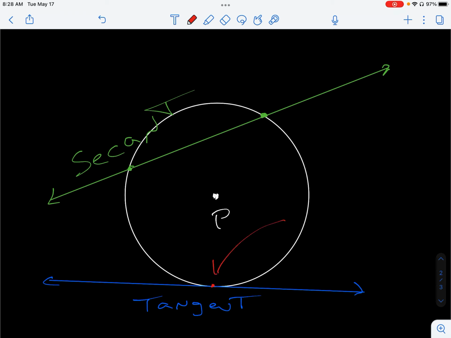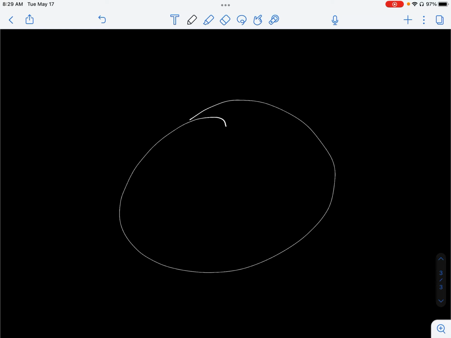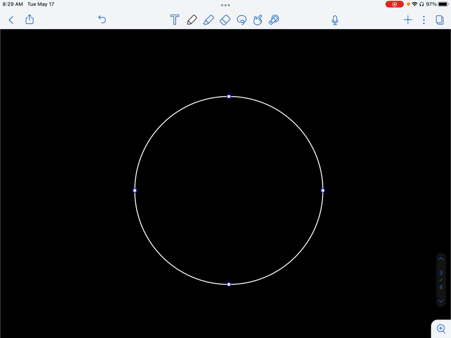And that point is uncreatively called the point of tangency, because mathematicians are generally uncreative in their naming of stuff.